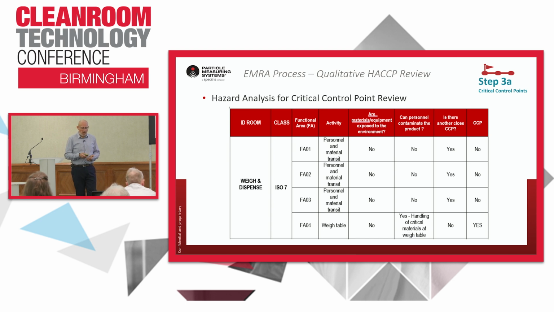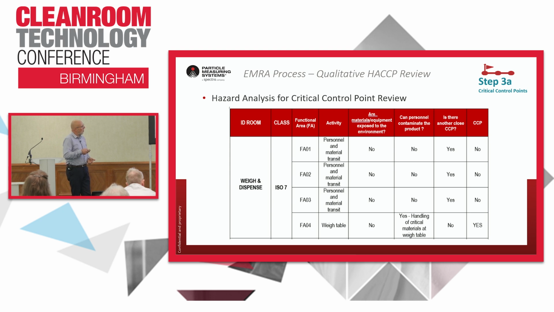Moving on then to a HACCP, a hazard analysis and critical control point review. Here, again looking at some functional areas: what's the activity within the area, the personnel and materials in transit, or some equipment, a weigh table in an area. Are materials or equipment exposed to the environment? Could personnel contaminate the product?